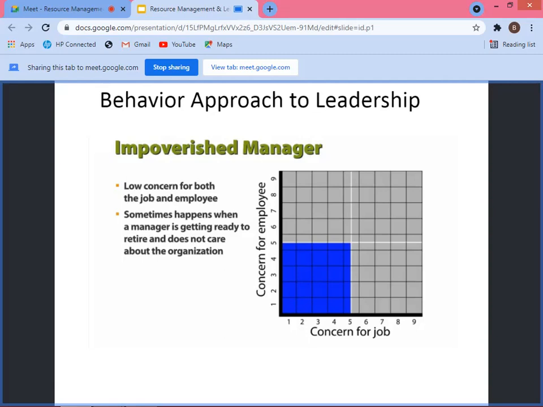He does not develop, does not train his employees, does not put them in career path, career development, not interested in putting them into succession planning. He's just hanging on for the retirement. Maybe next year, maybe in 6 months, or maybe in a couple of months. Okay.